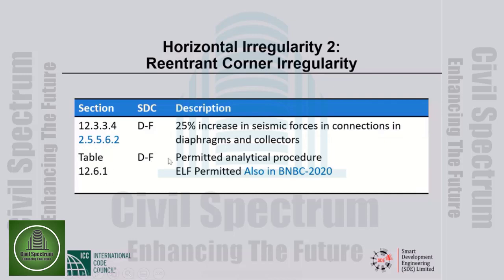And the other is the table of permitted analytical procedure. If you go there, the equivalent lateral force procedure is permitted both by ASC 705 and by BNBC 2020. Okay, there is no prohibition.